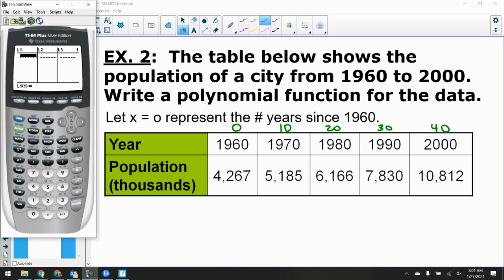All right, and now I'm going to input my data. Always double check to make sure you inputted everything correctly.